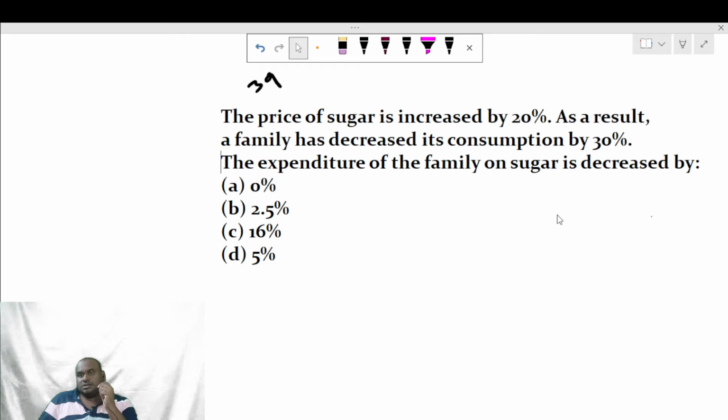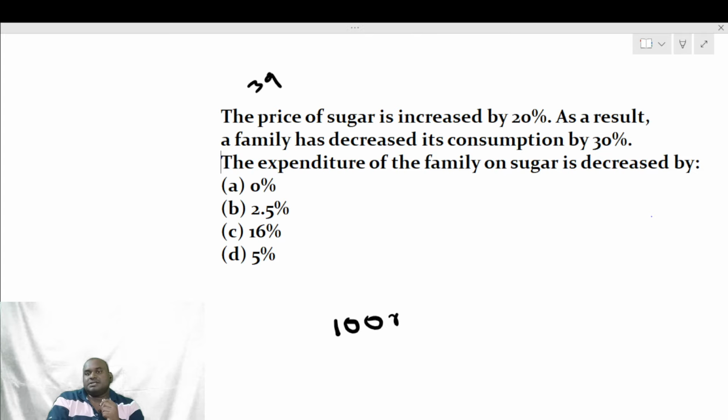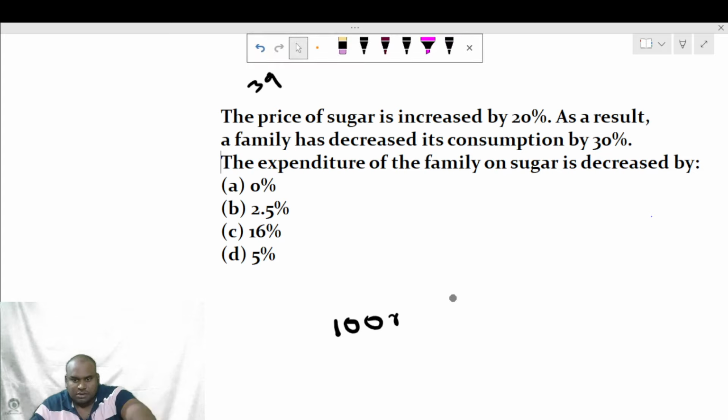Okay, now we will calculate this based on assumptions. Suppose the sugar rate was 100, because percentage is calculated per 100. So 100 rupees was there before.